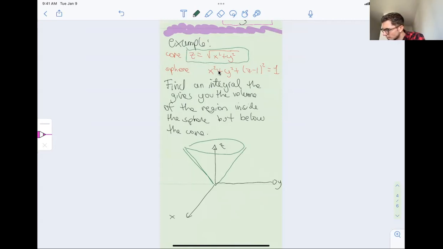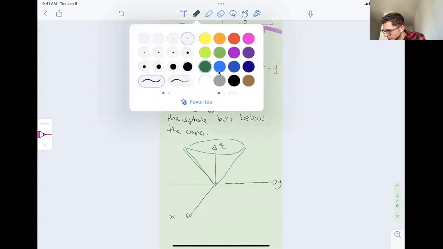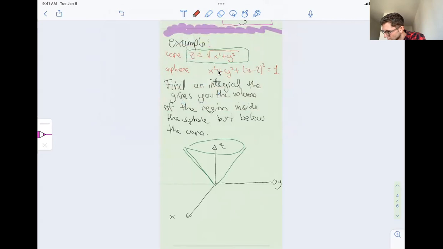Let's try this one out. Okay, sorry, I'll do it this way. Well, will that help?